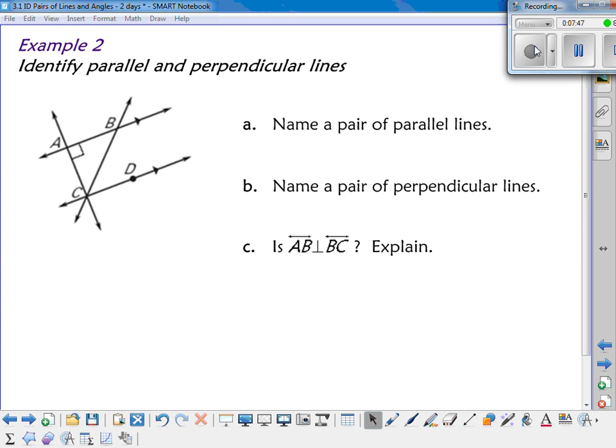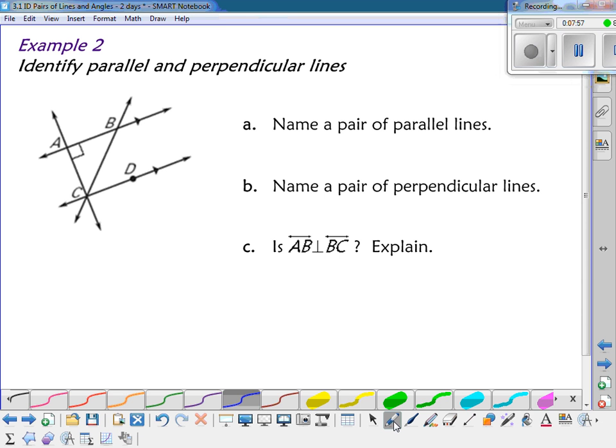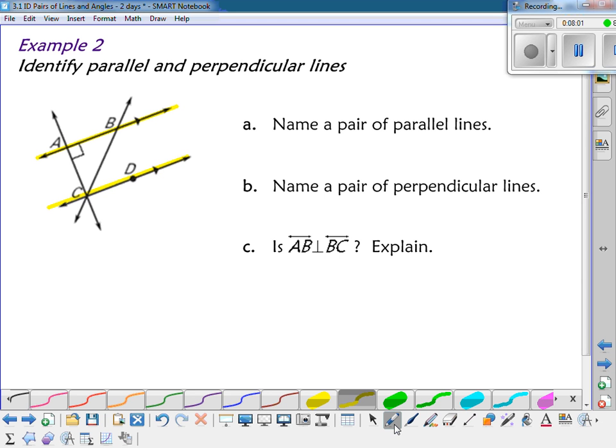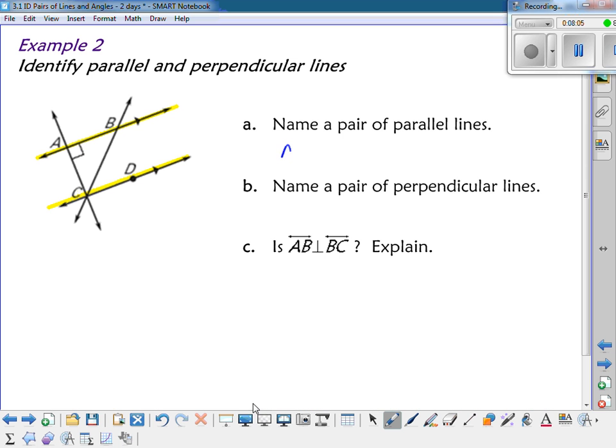So for example 2, we're going to identify parallel and perpendicular lines in the figure that's given. So part A says name a pair of parallel lines. Well, there's only one set of lines that are marked parallel, and so those are the ones that are parallel. We can't assume anything else. So line AB is parallel to line CD.